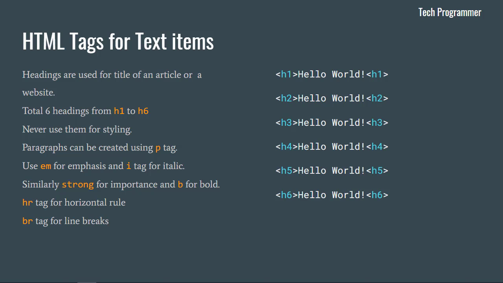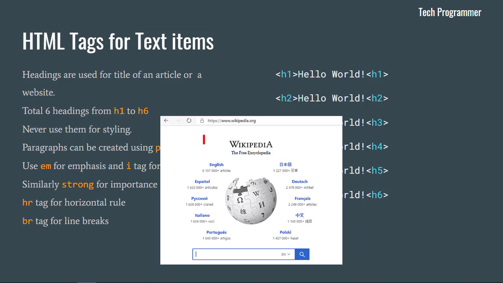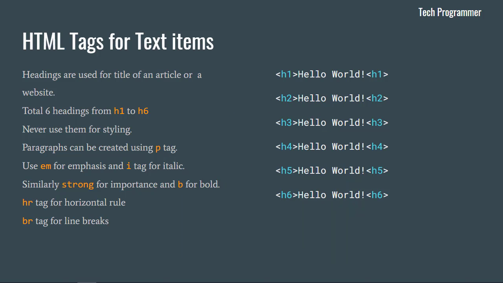Whenever you visit a website, you will see a big title describing what this article is about or what the purpose of the specific web page is. There are a total of 6 heading elements from H1 to H6. Heading tags are quite easy.